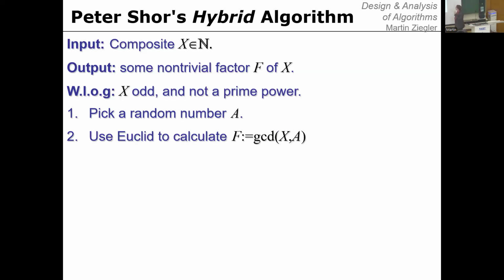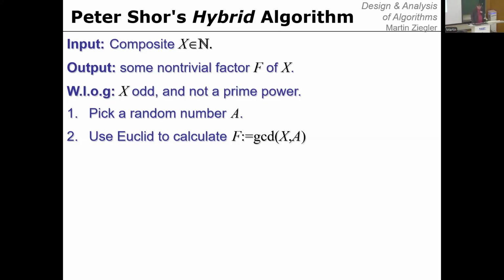Then calculate the greatest common divisor between this random number a and the input integer x. Euclidean algorithm, you know the Euclidean algorithm, right? It uses division with remainder, and it runs in polynomial time in the bit length. So that's not a problem here.